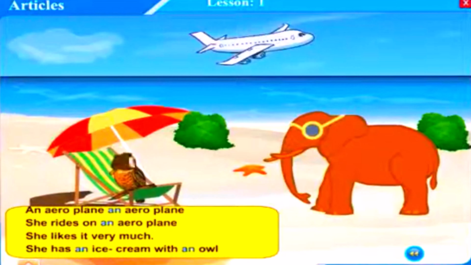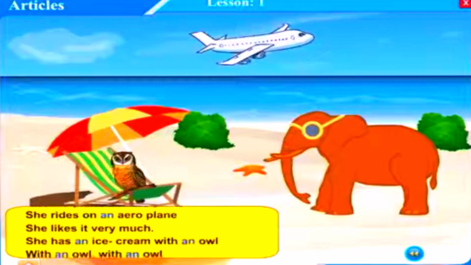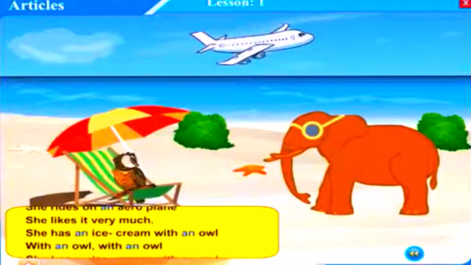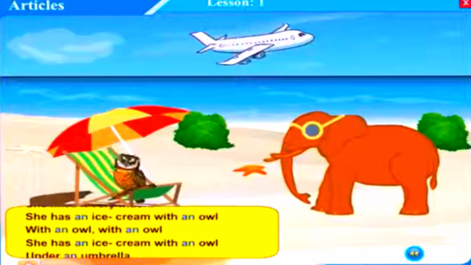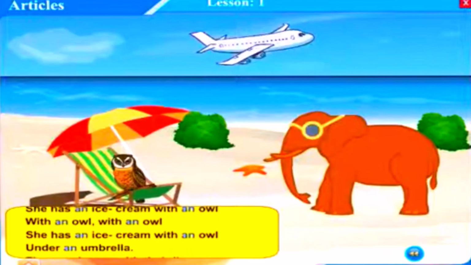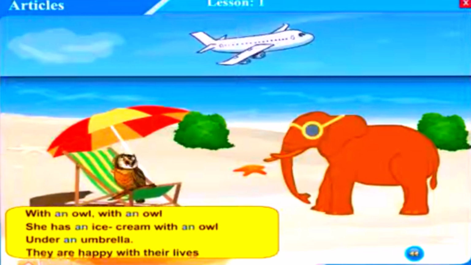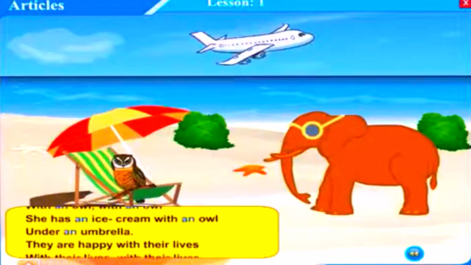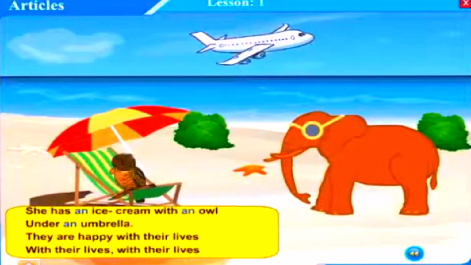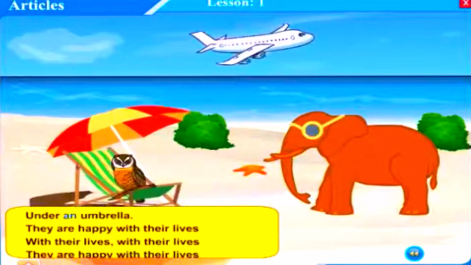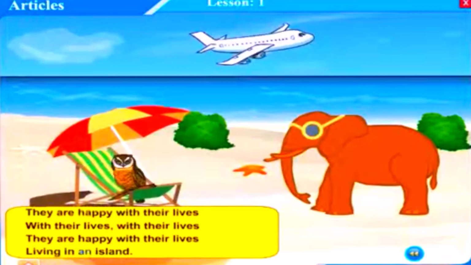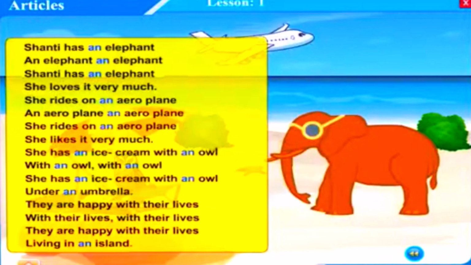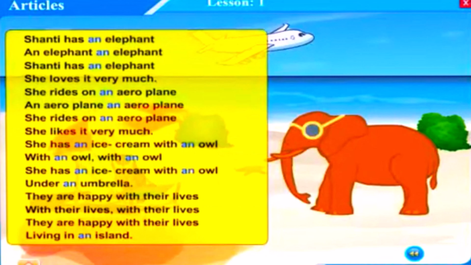She has an ice cream with an owl, with an owl, with an owl. She has an ice cream with an owl under an umbrella. They are happy with their lives, with their lives, with their lives. They are happy with their lives living in an island.